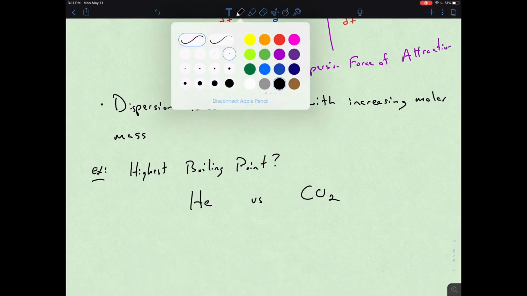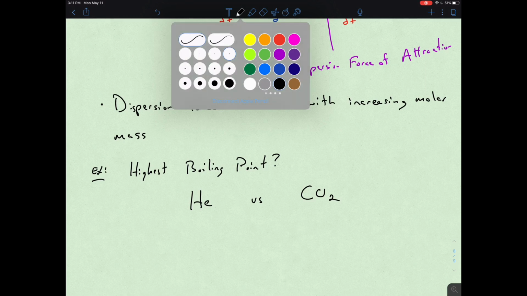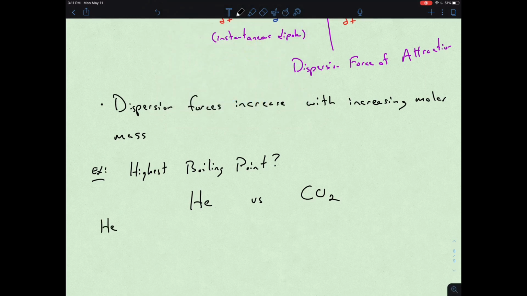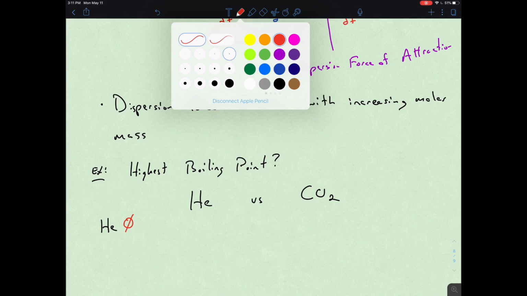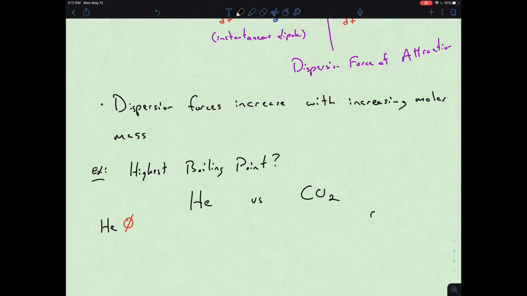Well, both of these are dispersion molecules, right? Helium is monoatomic, so it has no molecular dipole. And our carbon dioxide as well is non-polar. So we have something that looks like this, and it also fits that bill for the same type of polarity.